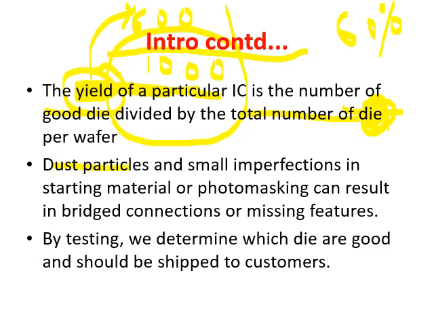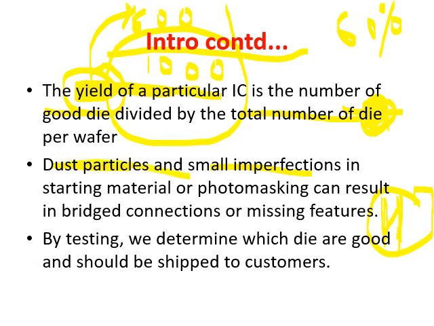Then I just now told you that dust particles or small imperfections, or also some lambda based design rules which we already studied in the previous chapters, even if those lambda based design rules are violated, then one layer can be shorted with the other layer. In that case also there will be some error. So testing involves everything, finding the errors.